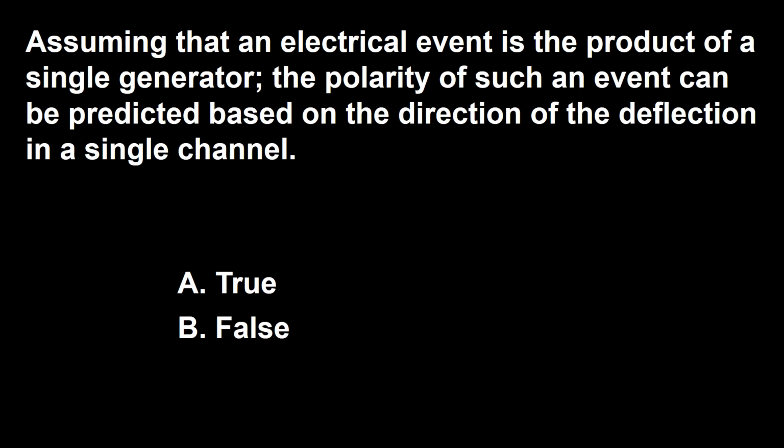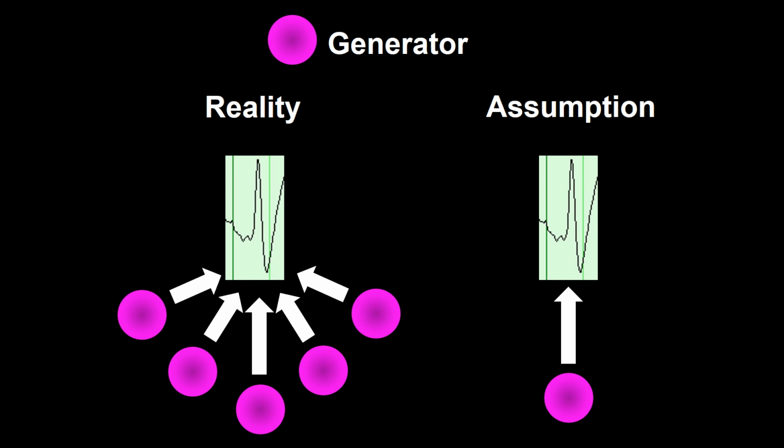Next question. Assuming that an electrical event is the product of a single generator, the polarity of such an event can be predicted based on the direction of the deflection in a single channel. A true, B false. It is important to understand that it is not likely that any electrical event captured during EEG recording is the product of a single generator.